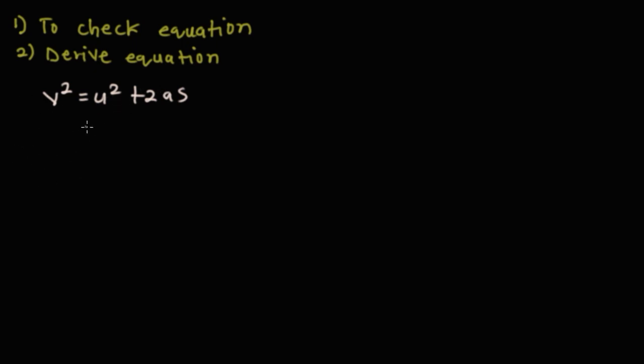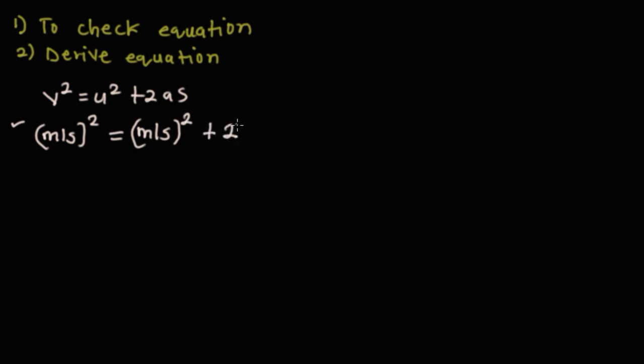The first principle you have to apply here, the first step, is to convert all what you have into its SI unit. This is velocity, and its SI unit is meter per second, all squared. Remember, there's a square sign here, and u is an initial velocity, so its SI unit is meter per second, squared, plus 2.